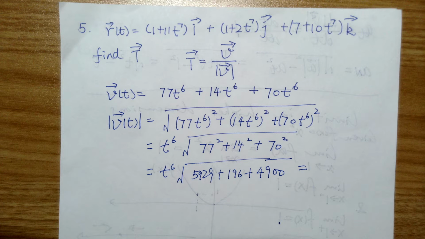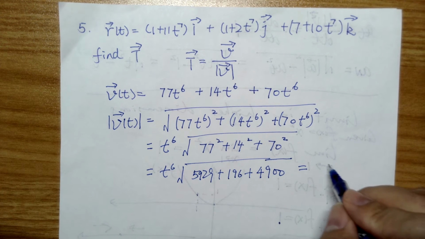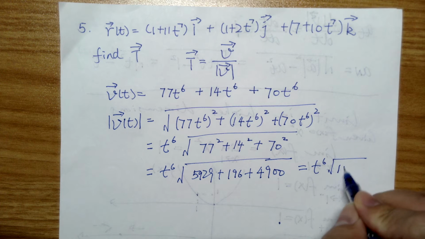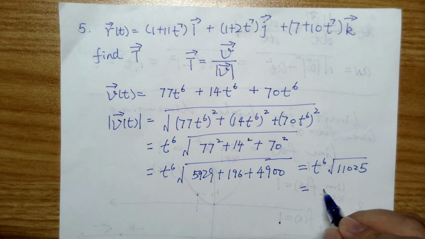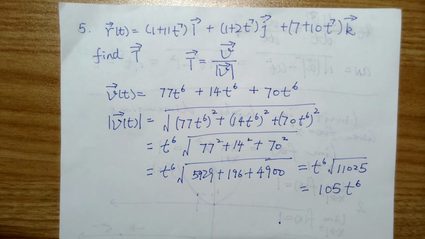Turns out this becomes the square root of 11025, and that gives us 105, which is 105t to the power 6.